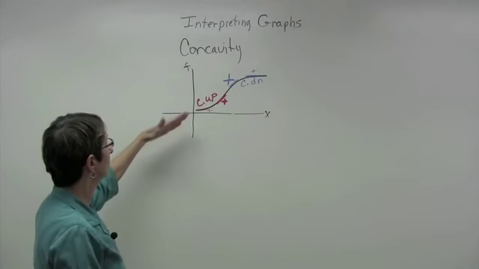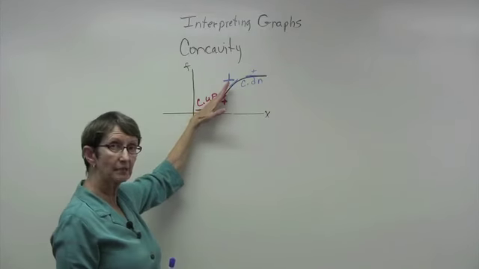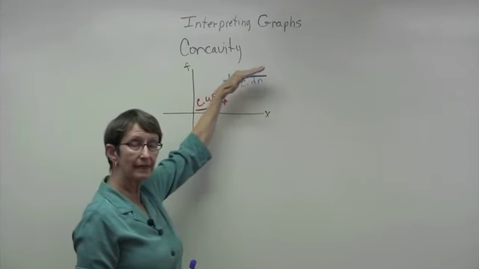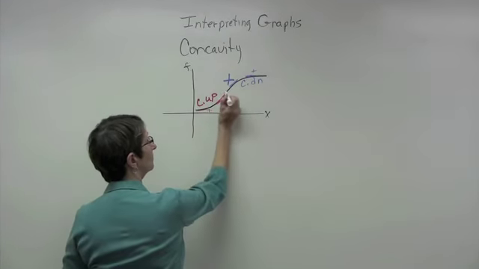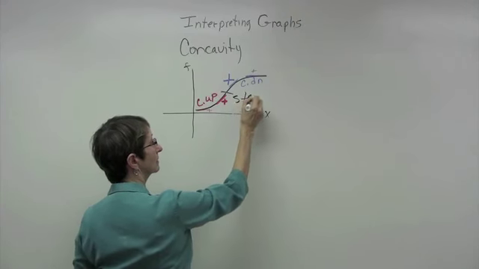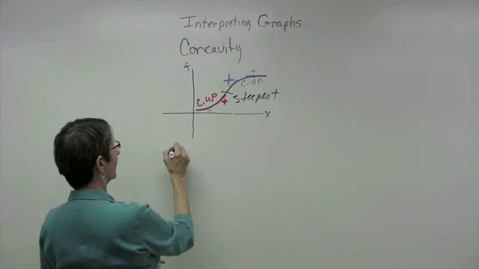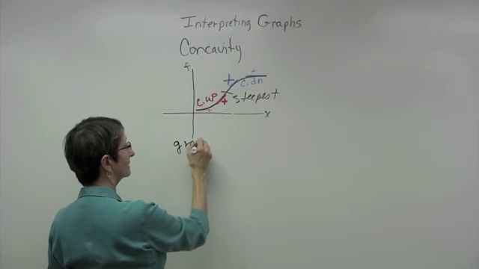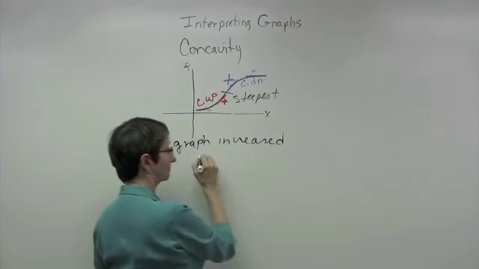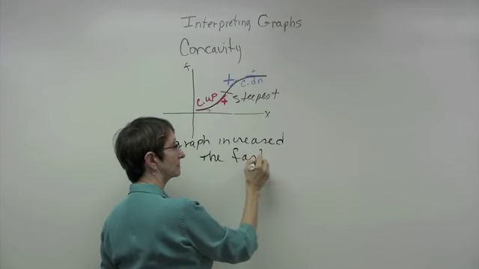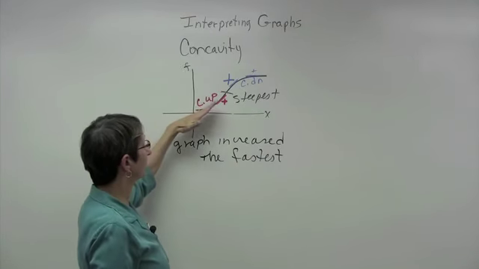Now in the middle, as my rates of change got very steep and then slowed down and leveled off more, this being the steepest part, right in the middle here, what we say is that the graph increased the fastest. It was concave up, and it got very steep.